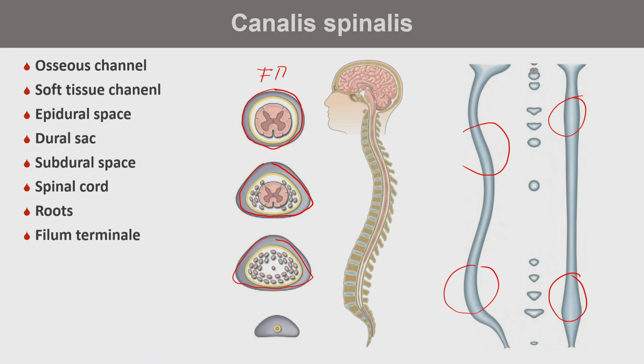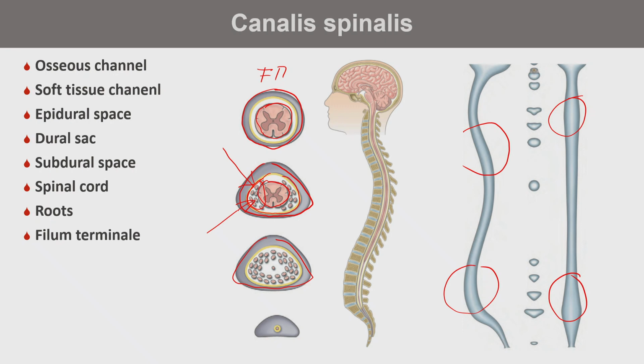So in the dural sac, in subdural space, we can observe also some other differences during the whole extent of the spinal channel. In foramen magnum, there is only a segment where there is only spinal cord or the interface between the spinal cord and medulla oblongata. And in the cervical, we can observe along the spinal cord those structures which are roots.